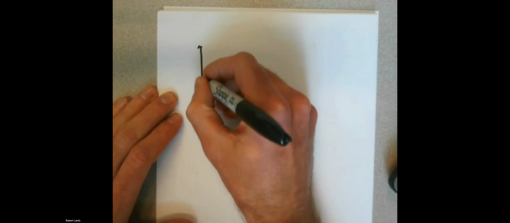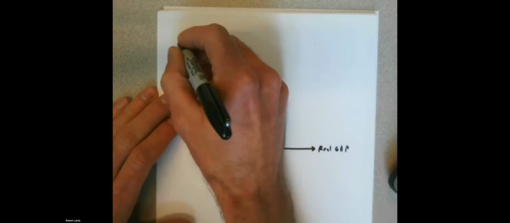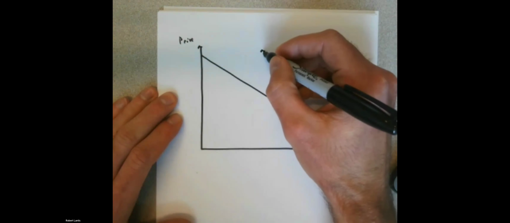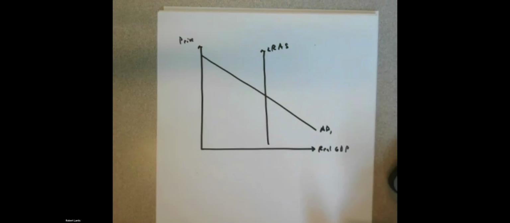So if we start out, we've got real GDP, we've got our price level. We then said, all right, we've got this downward sloping aggregate demand and this fixed long run aggregate supply, which represented when we were using all of our output, right?